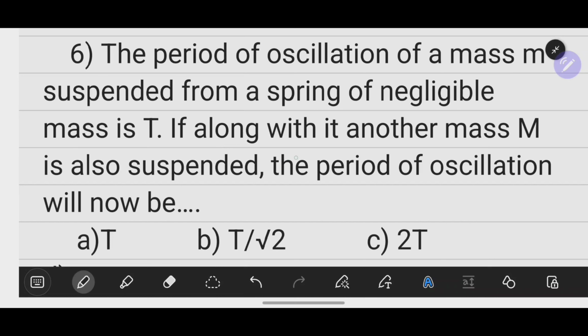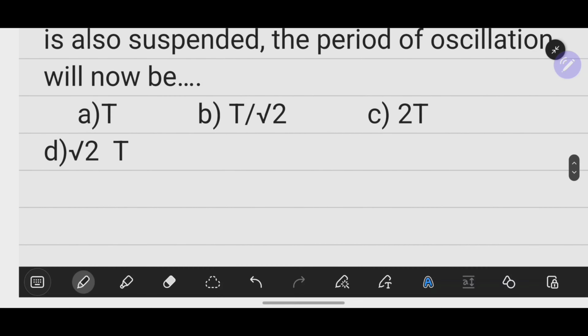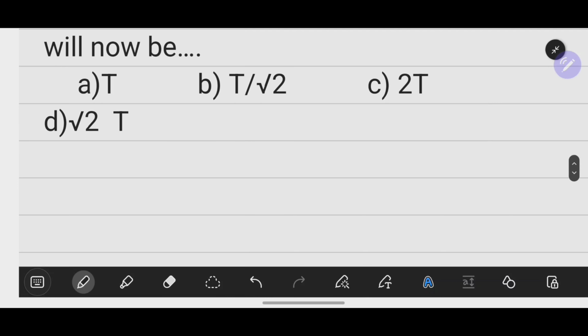If along with it another mass m is suspended, the time period of oscillation will be: option A t, B t by under root of 2, C 2t, and D under root of 2 into t. Among these, which one is correct, we will decide.